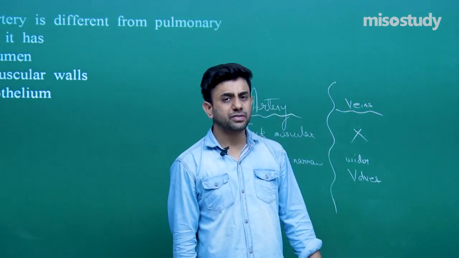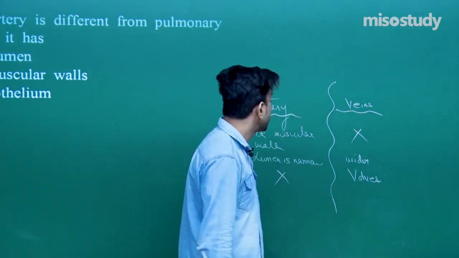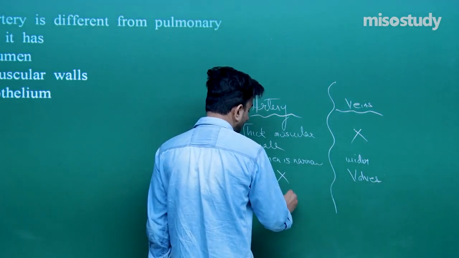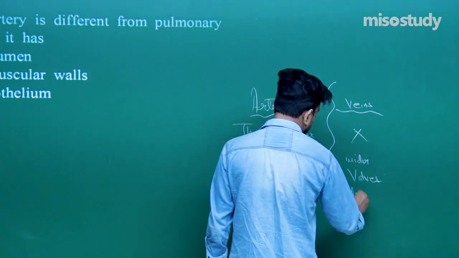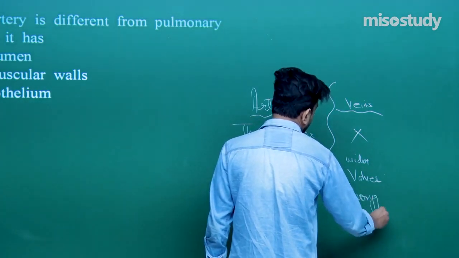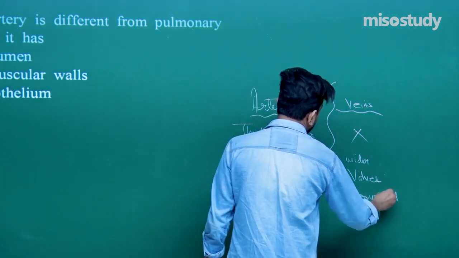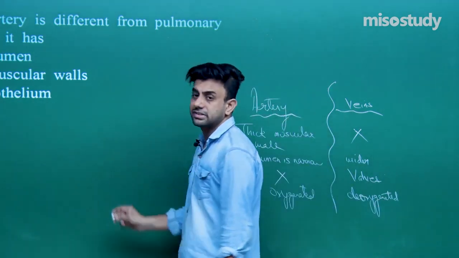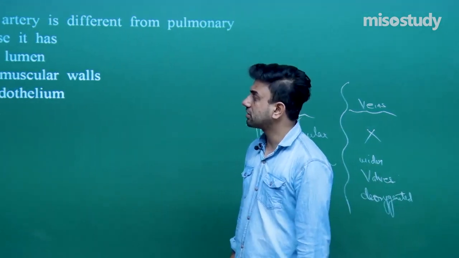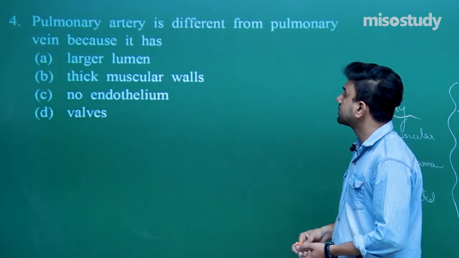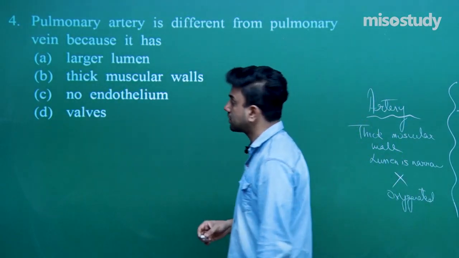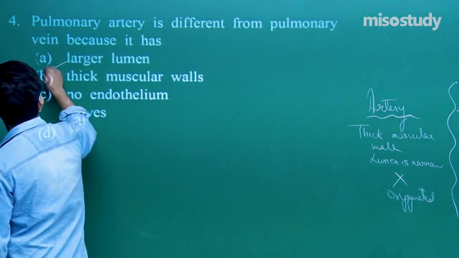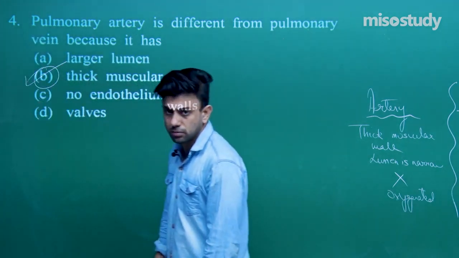There are many more differences: the arteries carry oxygenated blood except for one artery, and the veins carry deoxygenated blood, except for one vein. But I think till this, it's enough to answer this question: pulmonary artery is differentiated from pulmonary vein because it has thick muscular walls, right. What has thick muscular walls? That is the pulmonary artery.